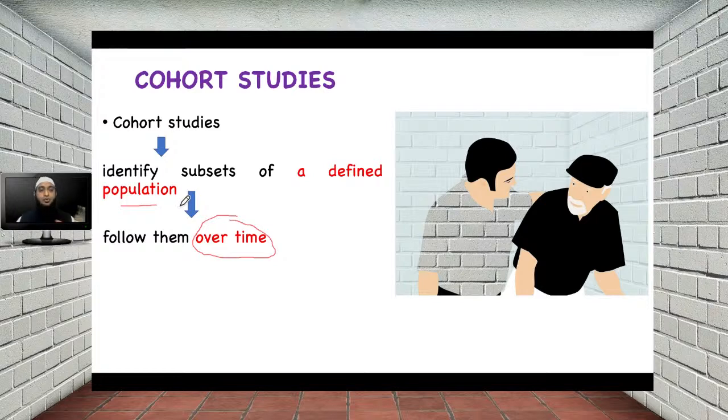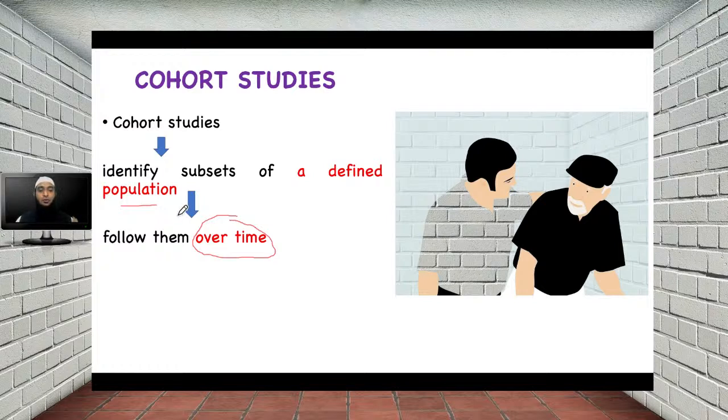Those to whom you have given the medicine are called the exposed population. We'll be using this terminology going ahead. Those who are taking the medicine or exposed to the drug are called the exposed population, and those to whom the particular medicine under study is not given are called the unexposed population.